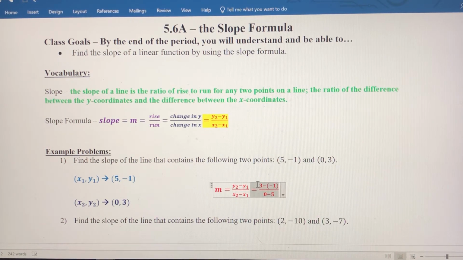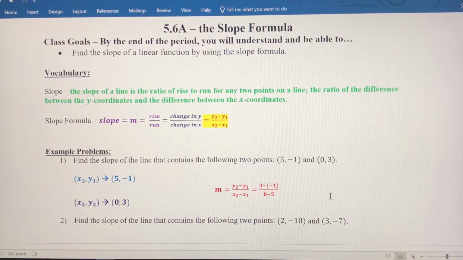And that's what we've got here, 3 minus a -1. In the denominator, we want to subtract our x's, but we want to go in the same order, all right? So because we started with 3 in the numerator, we've got to start with the x coordinate for that point in the denominator. So the denominator should be x2 or 0 minus x1 or 5, okay? So 0 minus 5, all right?